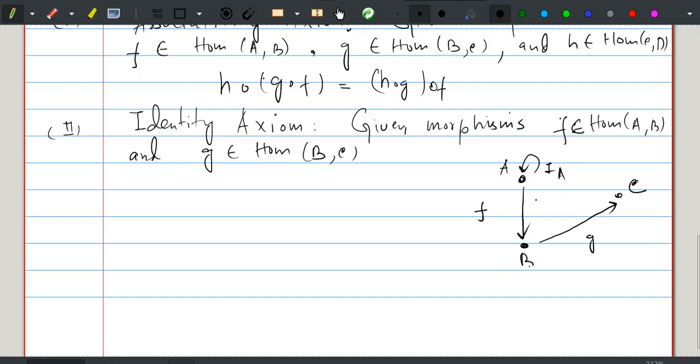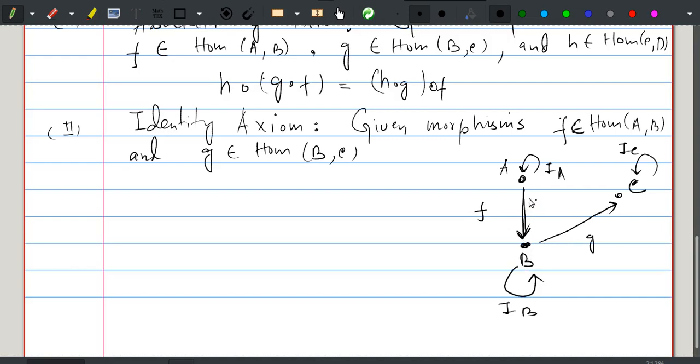Here we have this object B, we have the identity morphism IB, and on C we have the identity morphism IC. So for this axiom we will focus on a particular object, say B. At B we have an arrow which lands in B and an arrow which comes out of B.